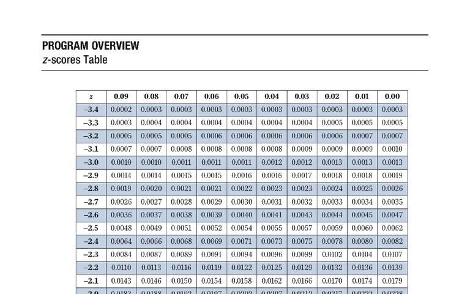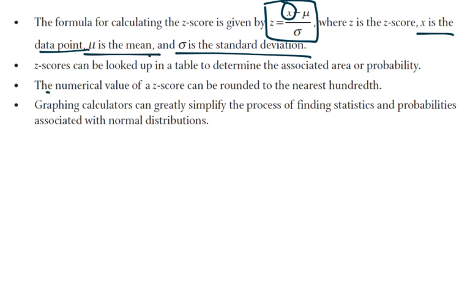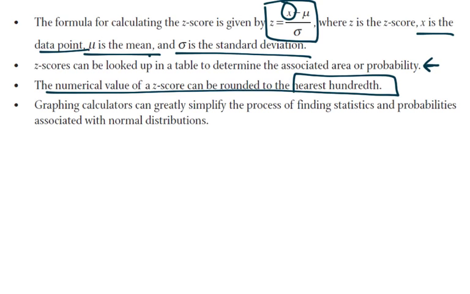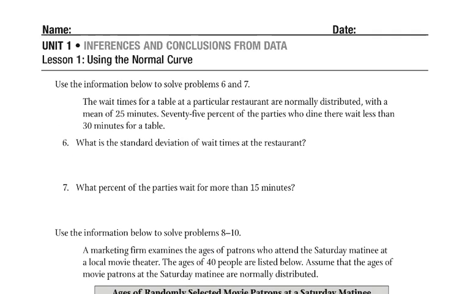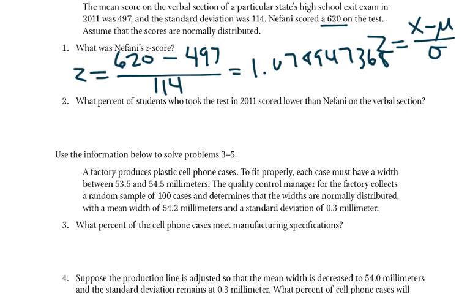However, as we read over here, we usually round it to the nearest hundredth, and then we can use that for question number 2. So the nearest hundredth, we'd round up to 1.08 as our z-score. So we got that answer.